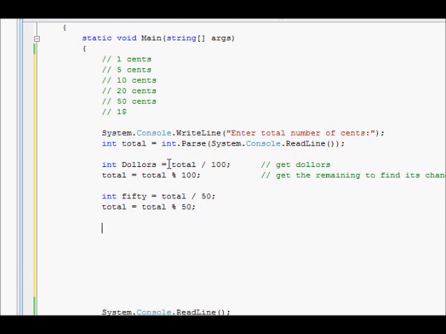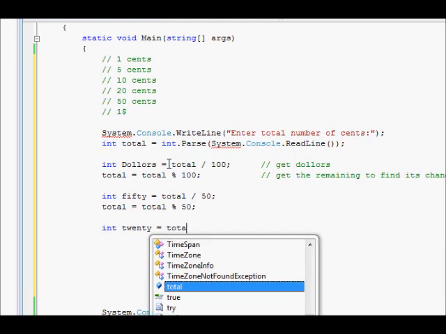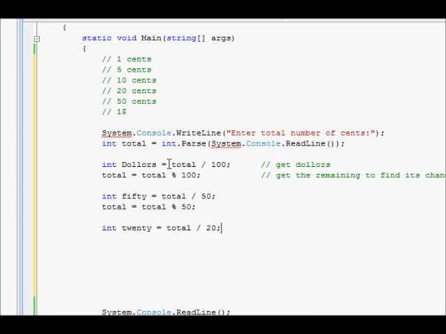Next we will get into the 20s: twenties equals total divided by 20, and total equals total modulus 20.